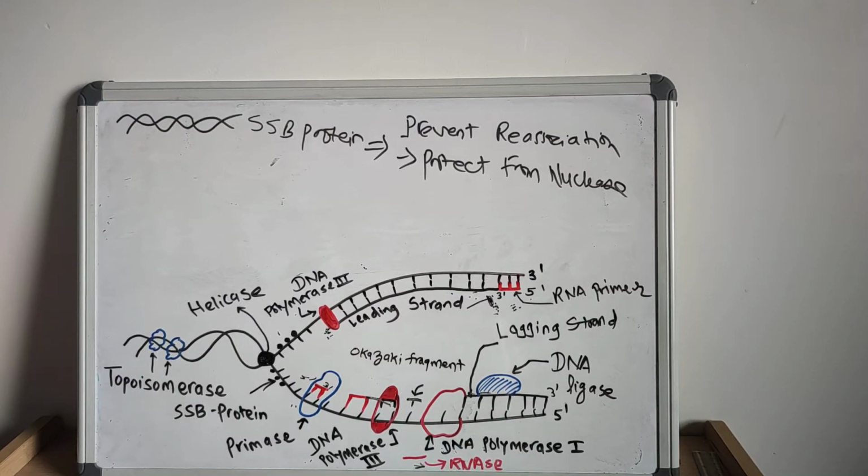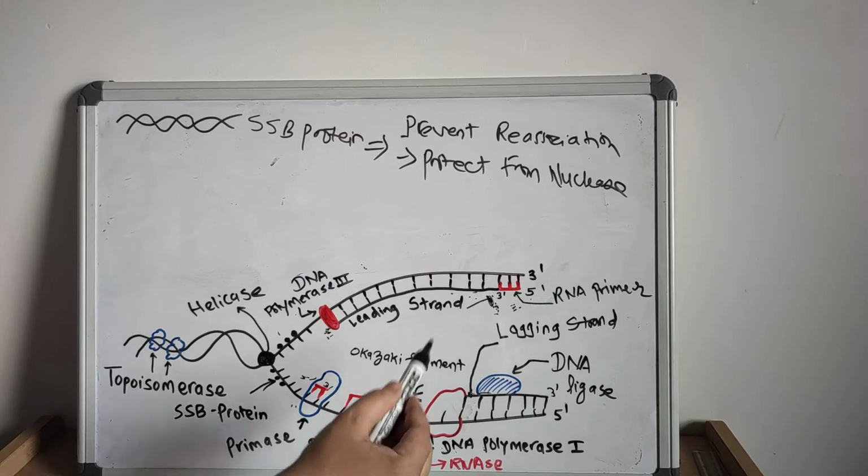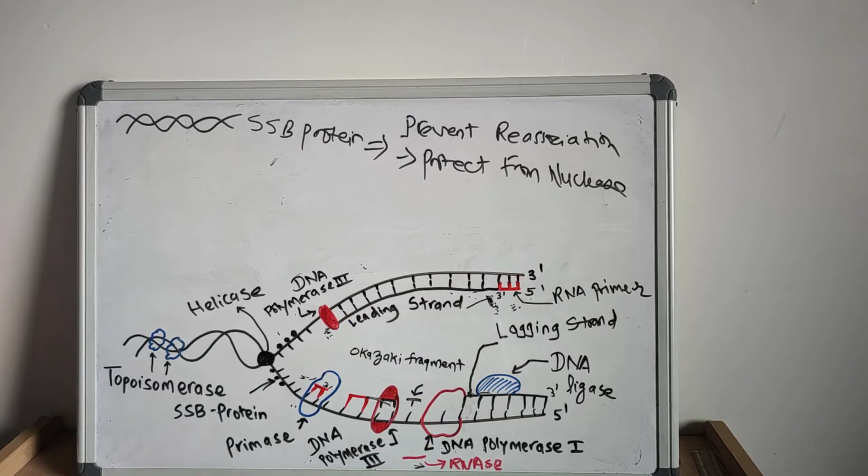In the prokaryotic DNA, polymerase 1 both removes the primer, with its 5' exonuclease activity, and synthesizes new DNA beginning at the 3' end of the neighboring Okazaki fragment. So there is a little bit of change in prokaryotic and eukaryotic DNA replication.